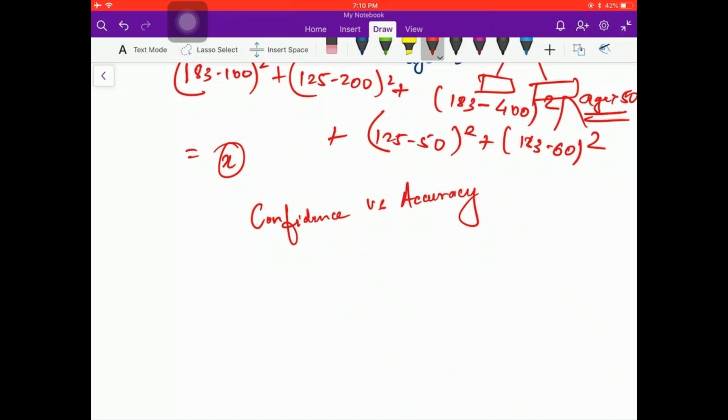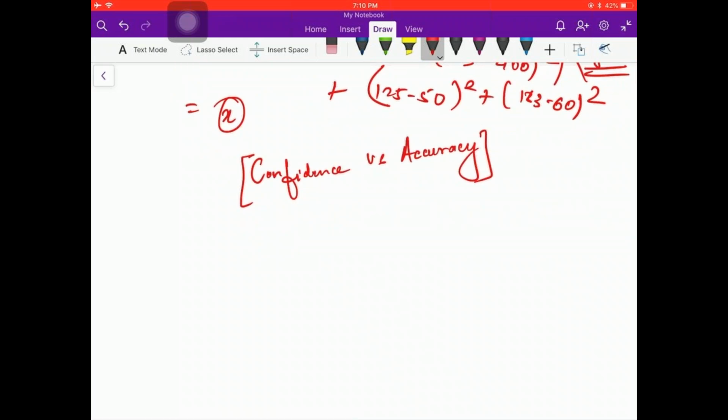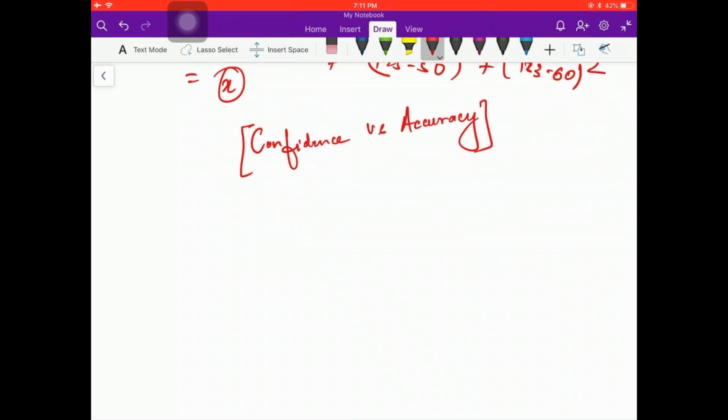Okay, it's a good point you have got, confidence versus accuracy. I'll try to explain this in a different sense. Confidence is like, let's say you have 95 percent confidence that your accuracy is, let's say, 50%.